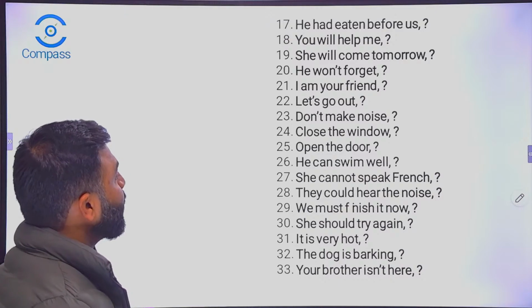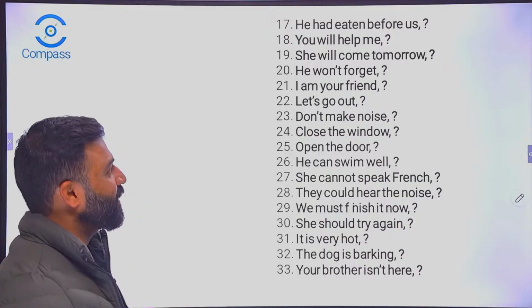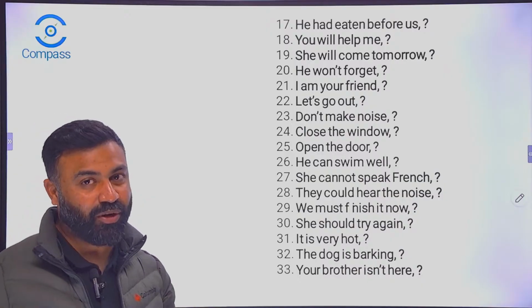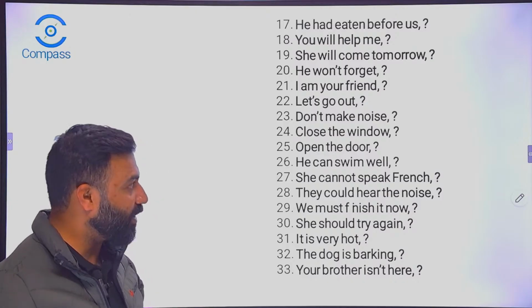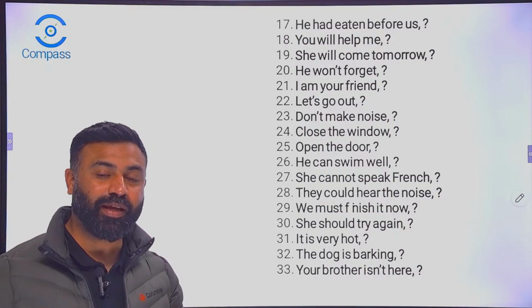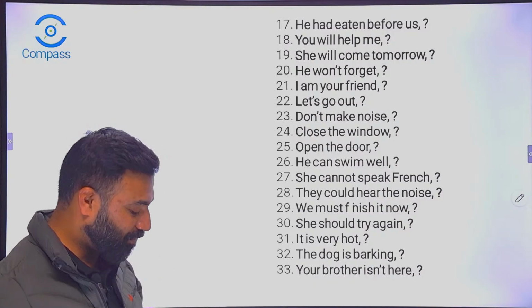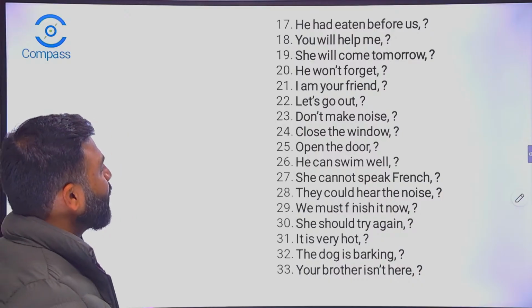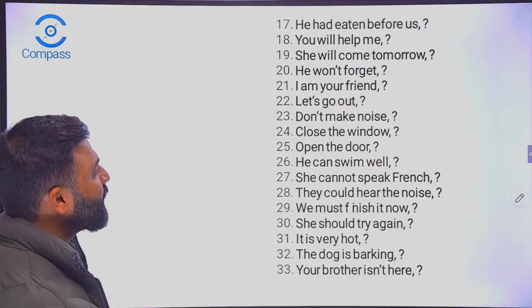Okay, so 21. Yes, I want you to try 21. Okay, let's see if you have understood this or not. I'm your friend. Aren't I? Once again, okay, Miss Thakur. So, Miss Thakur, you seem to be very quick in answering all the questions. That's very nice. Okay, so I'm your friend. She has already answered, aren't I? Okay, let's go out.